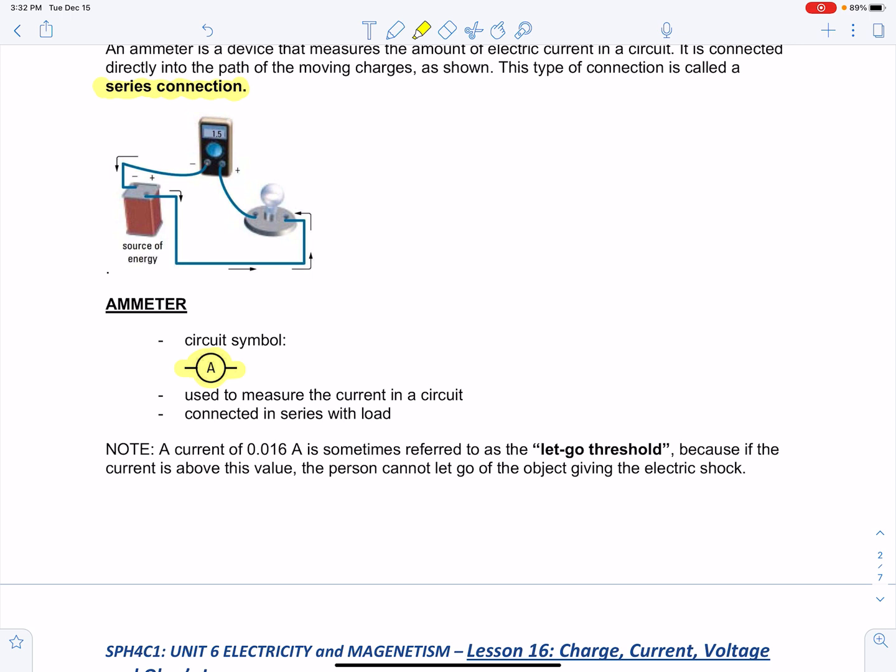Any current above this value will not allow your hands to let go of whatever you are being electrocuted by. This is because the current is high enough that it will actually send the electric charge through your muscles and disable your muscles' own electric stimulation to allow you to release that.